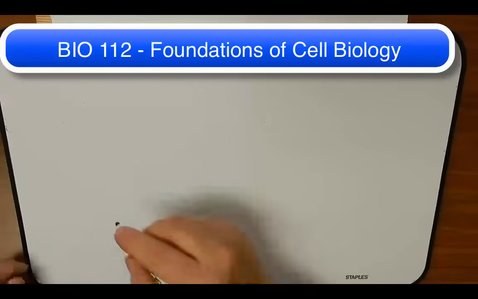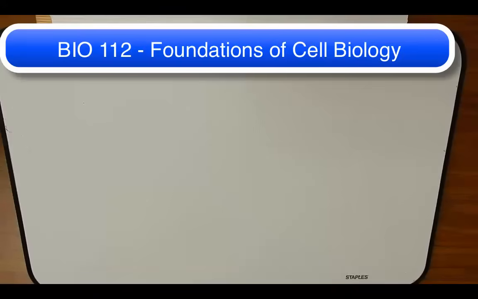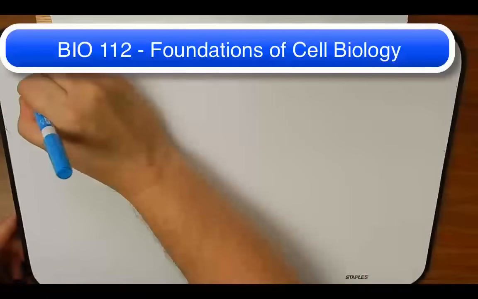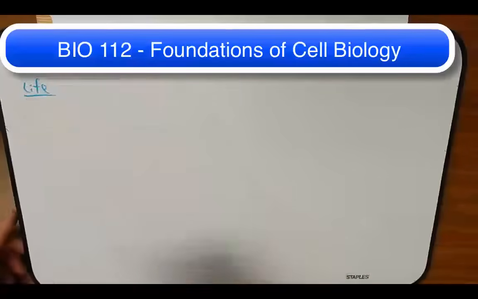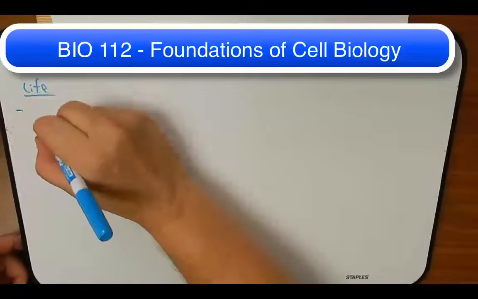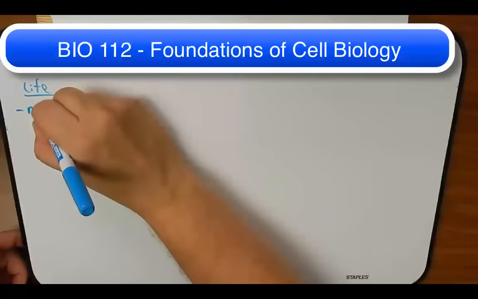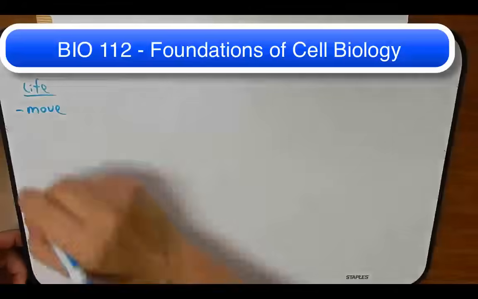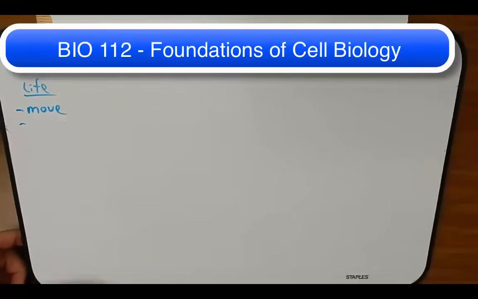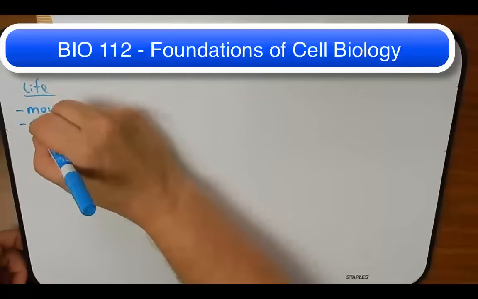And in thinking about the importance of cell biology, I want to make a quick list here of what life is. When we think about life in all organisms, all life has to have several similar qualities that help them function. And these are in no particular order, but we're interested in how life moves. We're also interested in how life communicates.